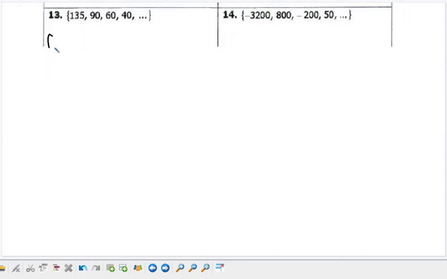Number 13, again, a sub 1 is 135. Common ratio, again, maybe not super obvious, so take the second term divided by the first. 90 divided by 135, get a decimal, so I'm going to change it to a fraction. It's a repeating decimal, so I don't want to round it or I'm not going to get the right answer. So I'm going to change that to a fraction, and I get that my ratio is 2 over 3.